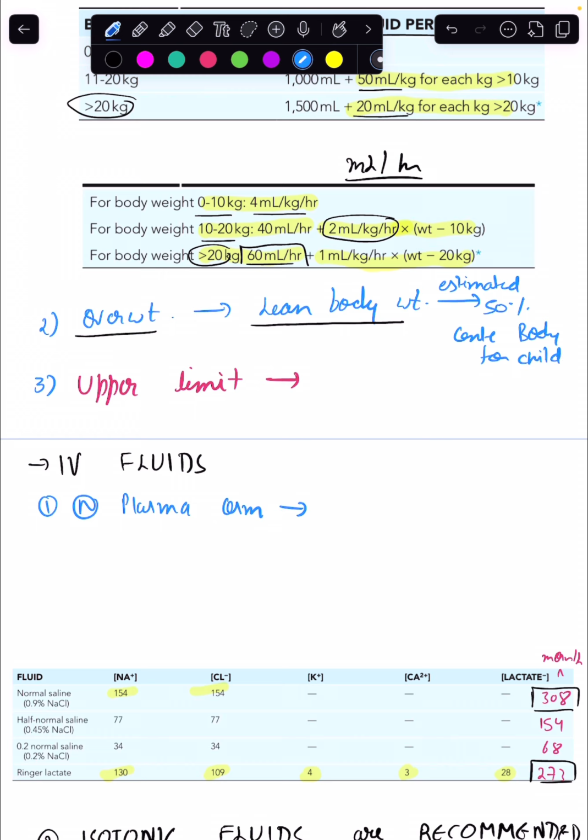So according to the child's height, we will take the 50th centile body weight at that height. Now, what is the upper limit for the maintenance fluid in an adult sized adolescent child? The upper limit is 2.4 liters per day. We cannot give more than this.